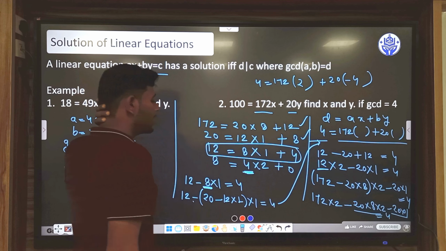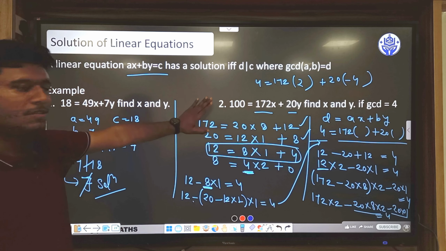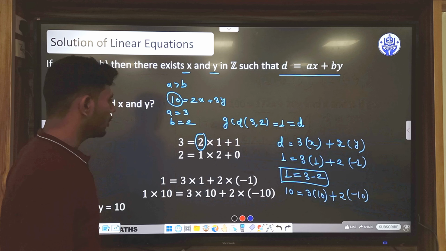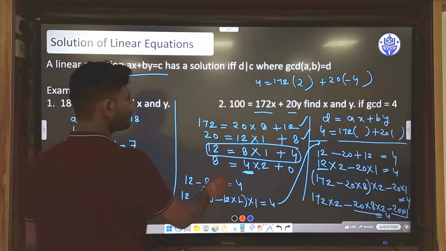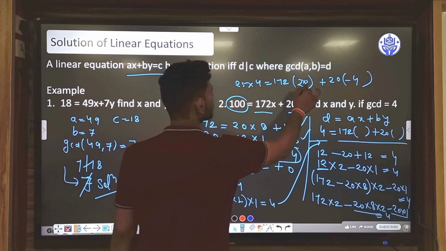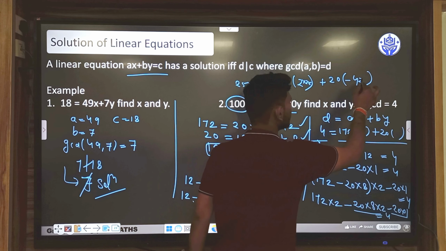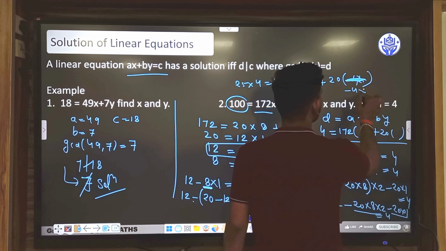Minus 4 will be here. Now just see, from here it is 4, it is not 100. In the previous video also we multiplied with 10, and now here if I want this 100, it means I will multiply with 25 on both sides. So here minus 4 into 25.